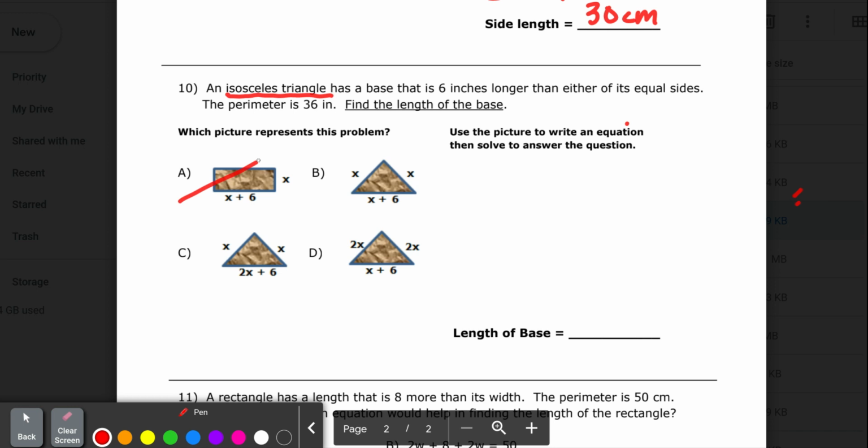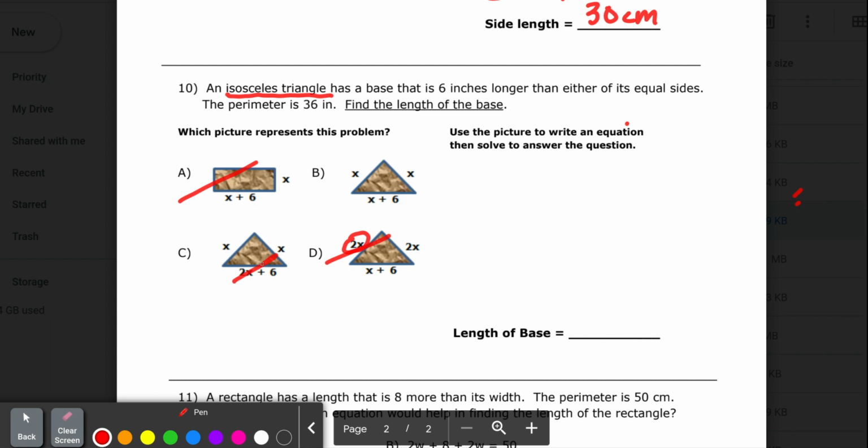So the 2 sides have to be the same, and it's just 6 inches longer. It's not twice. It doesn't say anything about being twice the distance of 6 inches longer. So it's not this one. And yeah, there's nothing that talks about twice. It just says 6 inches longer than each of its equal sides.